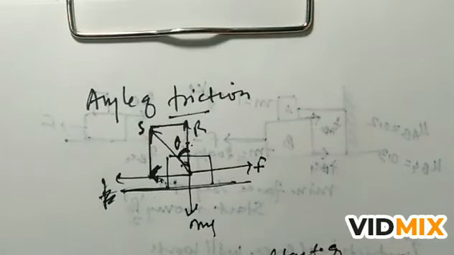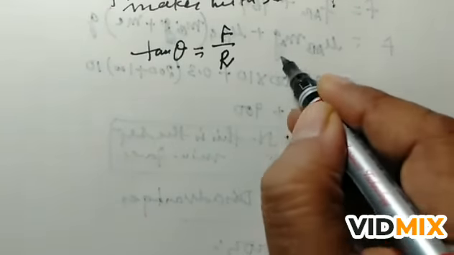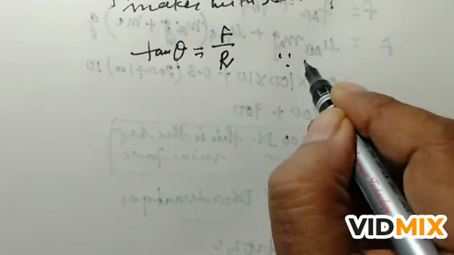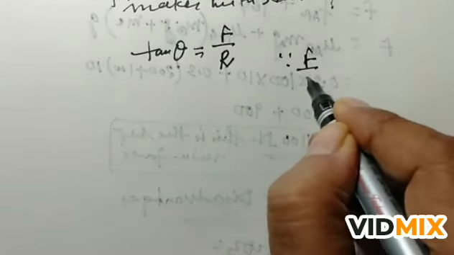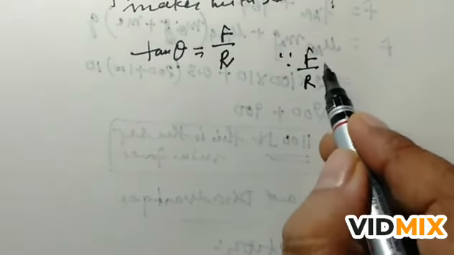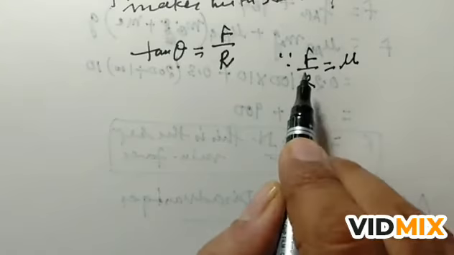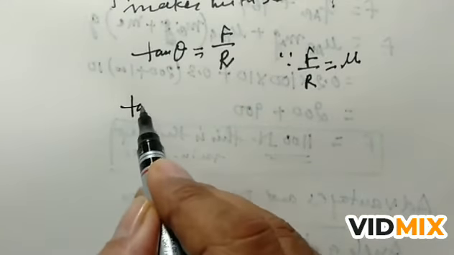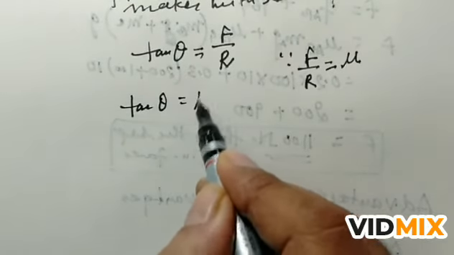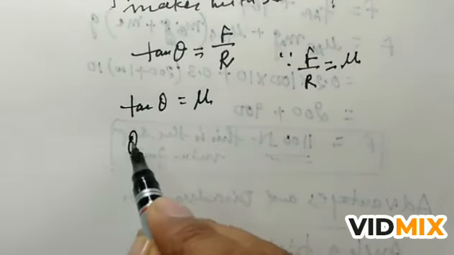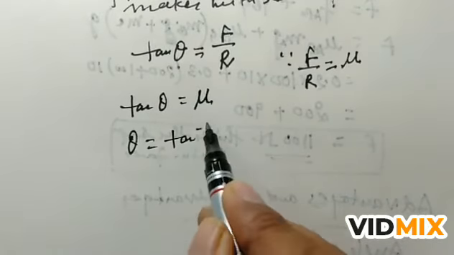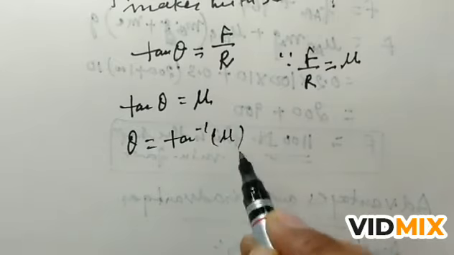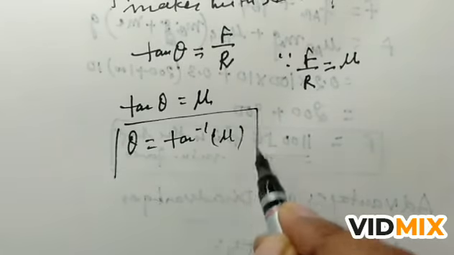So tan theta is equal to perpendicular upon base, that is F by R, and since we know that F by R, that is F by mg, is called mu, tan theta is equal to mu, or theta is equal to tan inverse mu. This is the angle of friction.